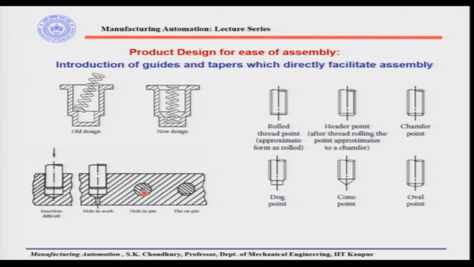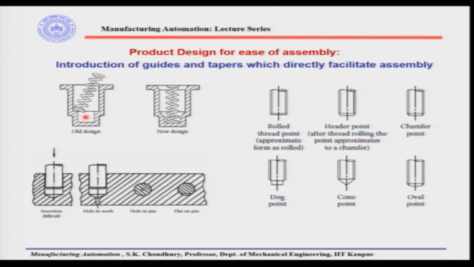So, here are some of the examples. These examples are quite self-explanatory. For example, product design for ease of assembly, introduction of guides and tapers which directly facilitate assembly. Let us take an example. Suppose we have a part like this, and a spring has to be assembled, a spring has to go in.